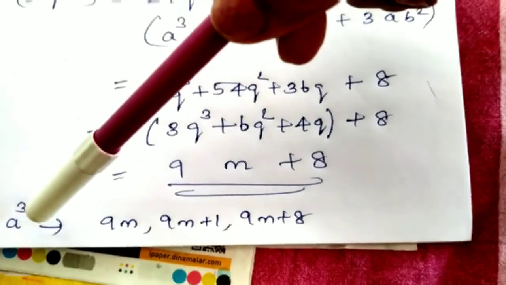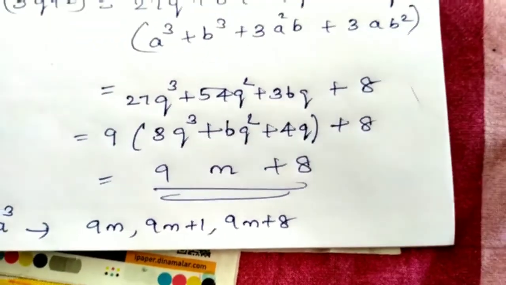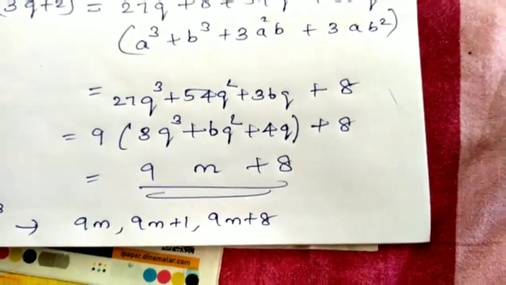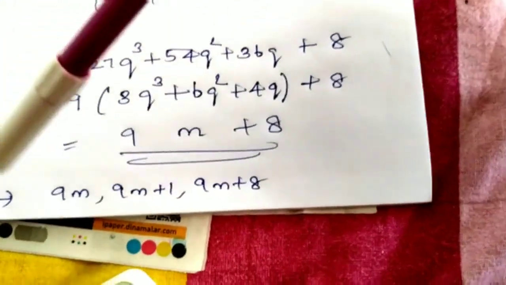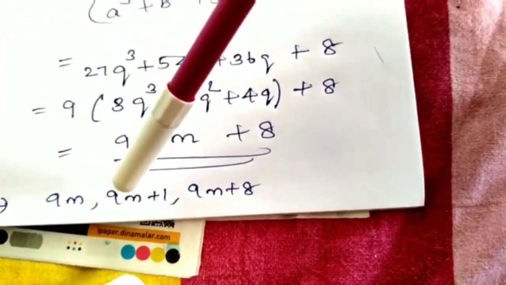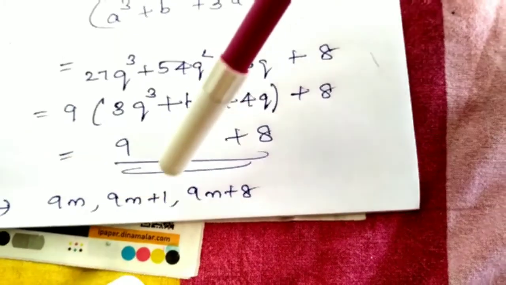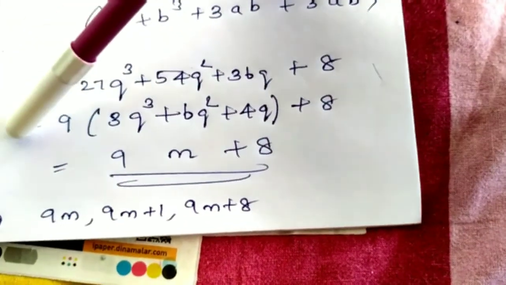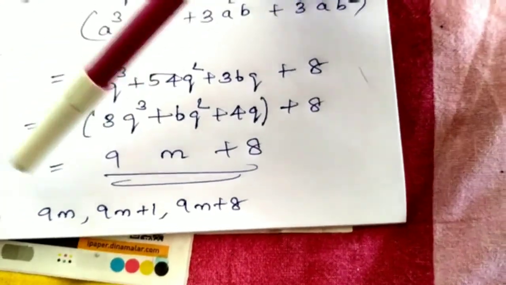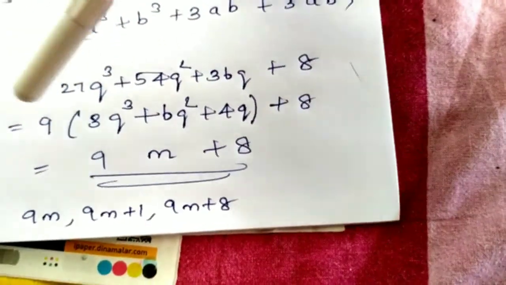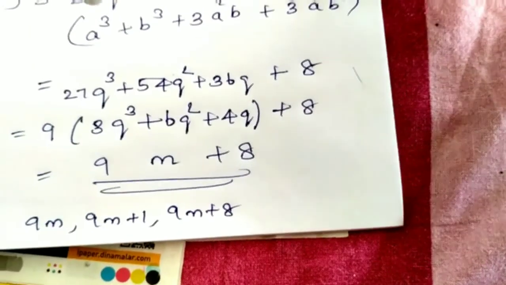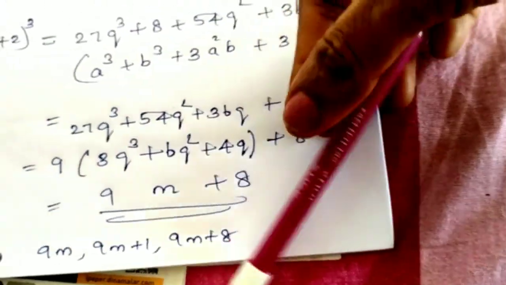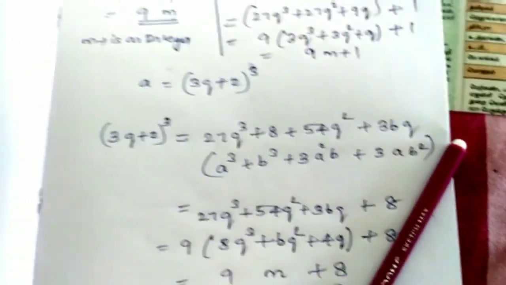When the cube of any number is divided by 9, there are only 3 possibilities: 9 into quotient, or 9 into quotient plus 1, or 9 into quotient plus 8. What does that mean? When you divide a cube number by 9, the remainder may be 0 or 1 or 8.